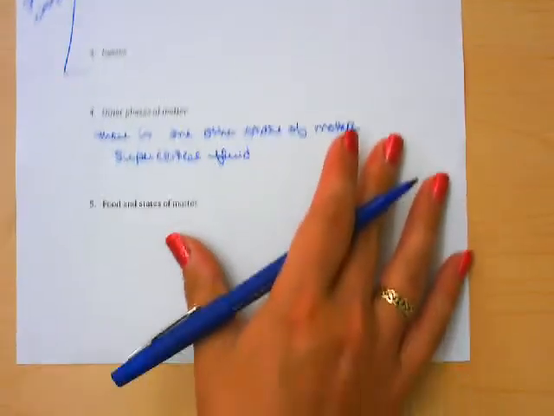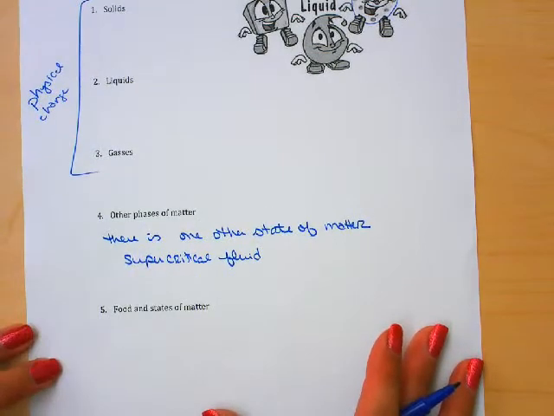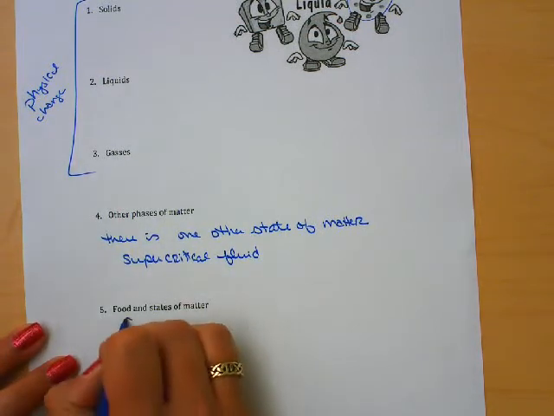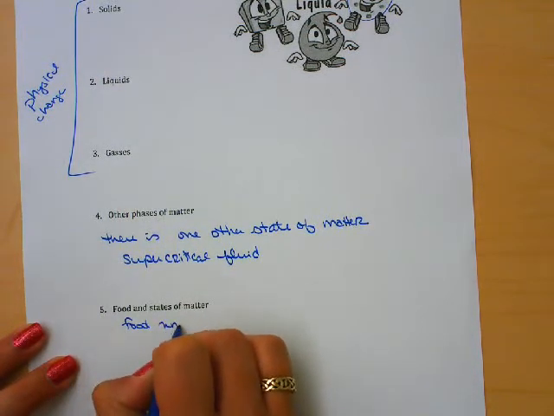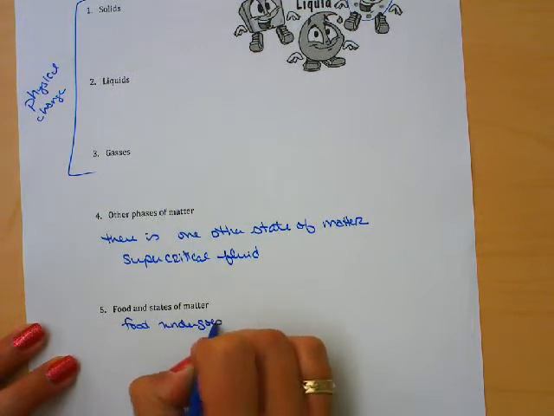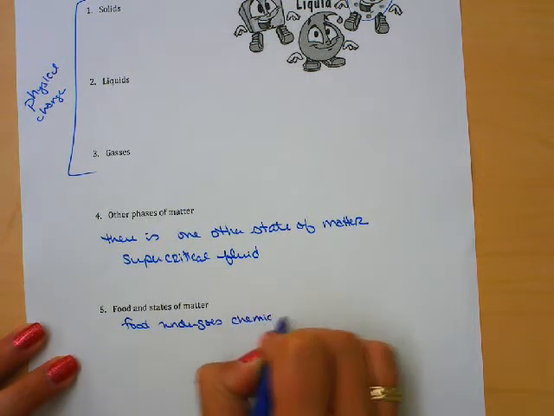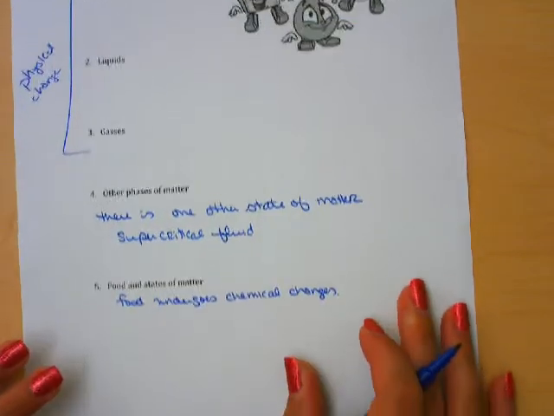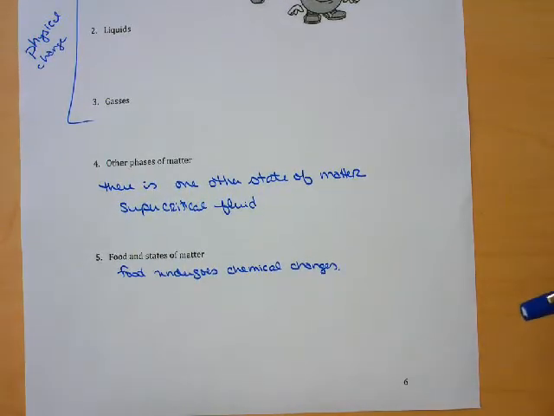We are more often talking about chemical changes when we talk about food. A chemical change is a change you can't undo. So when you cook the chicken, you have undergone a chemical process that you can't undo. You can't turn the chicken back into raw chicken.